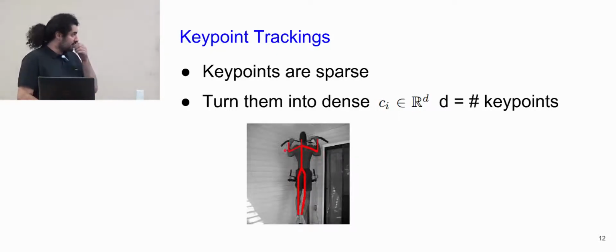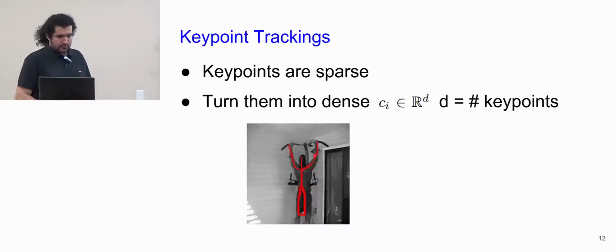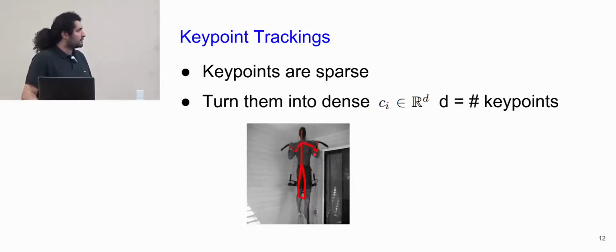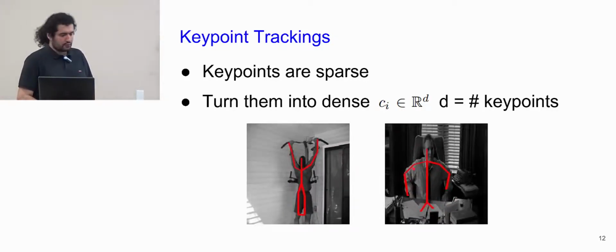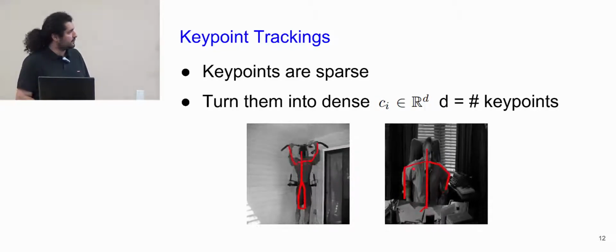These red lines are only drawn to show the human skeleton, but actually the key points have different color values or different classes. So this is the result of their tracking. Also, this is another example.